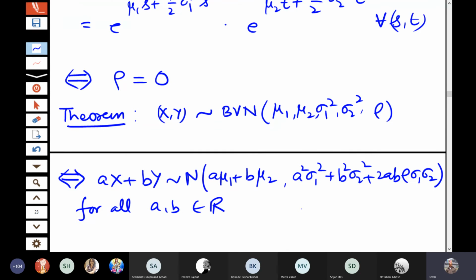So this is another very important result. Of course, it can follow just by using the joint moment generating function here.